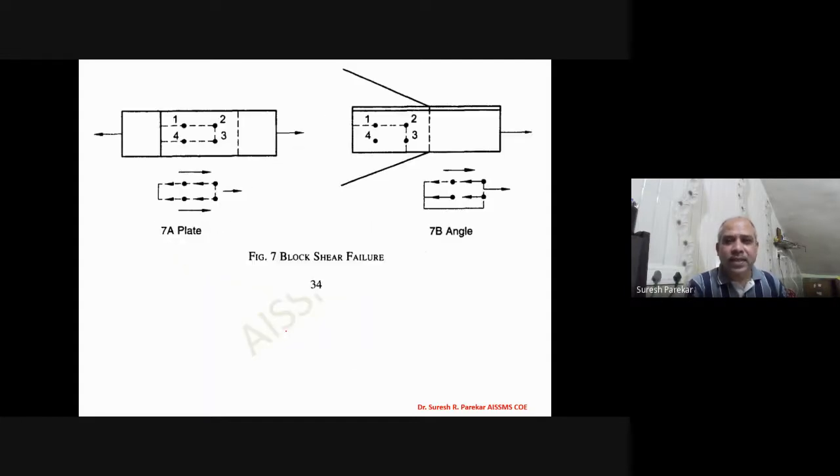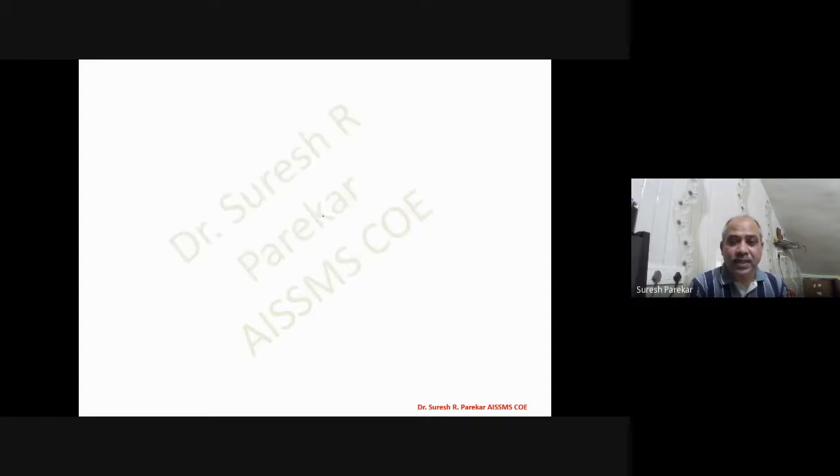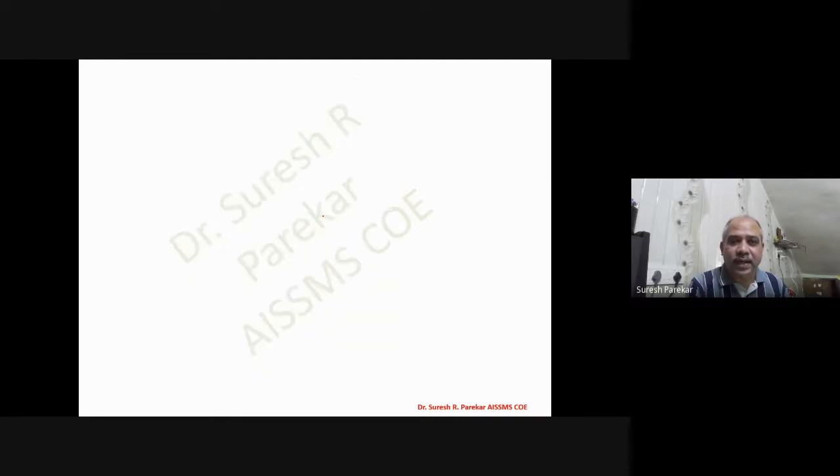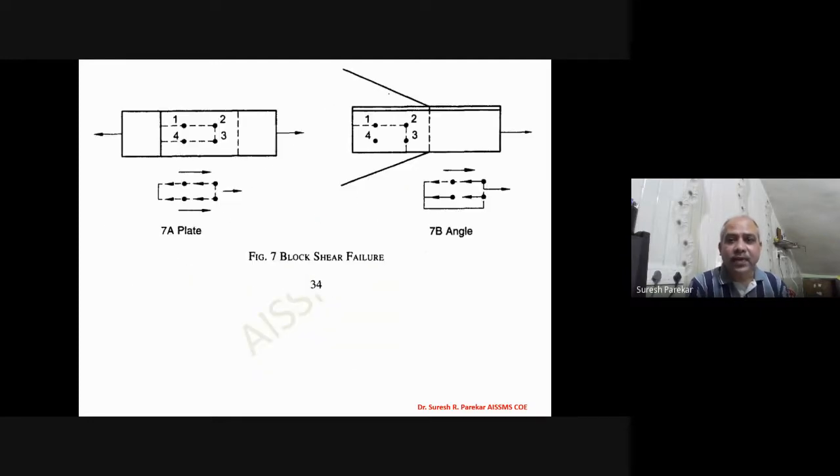Now these are the diagrams given. This is for the bolted connection, you can see here 6.4.1 is for the bolted connection. Here, this will be the length, and this length into thickness will be Avg. If I subtract the bolt holes into t from this length, that will be Avn.